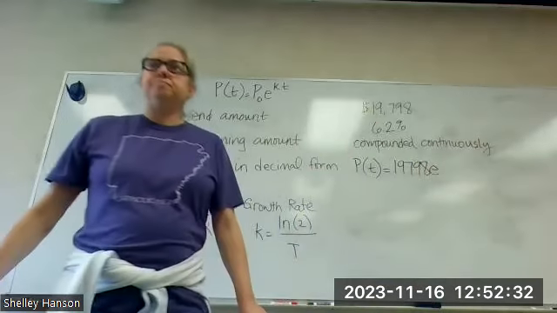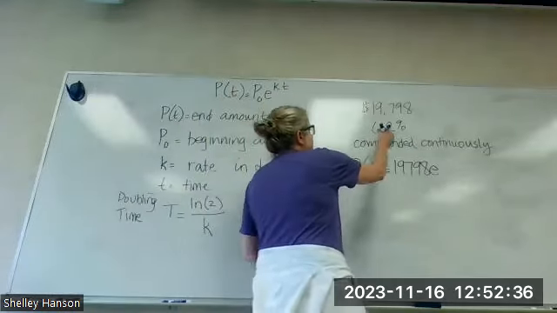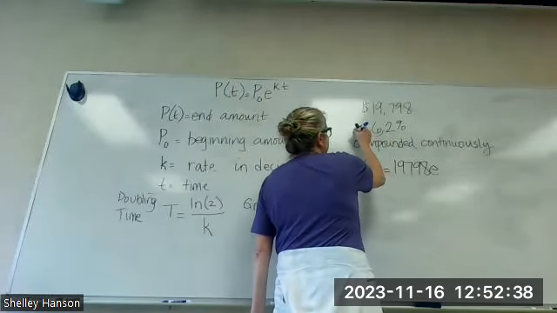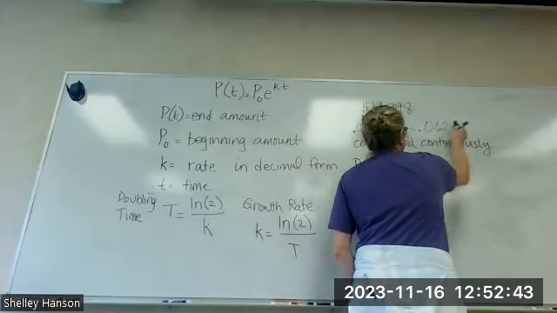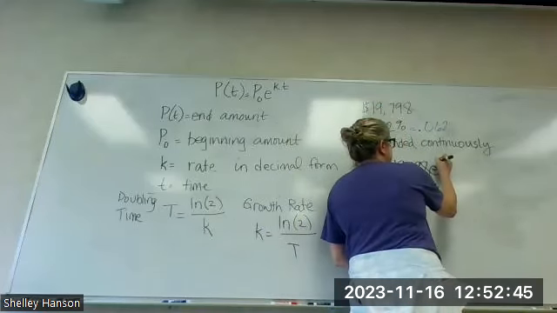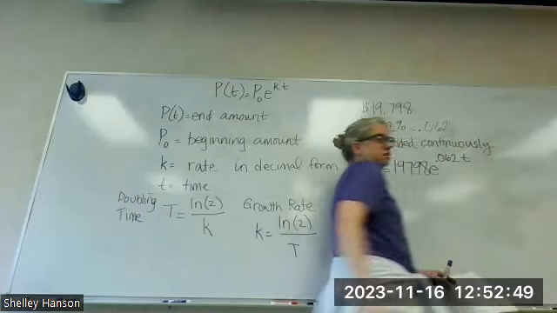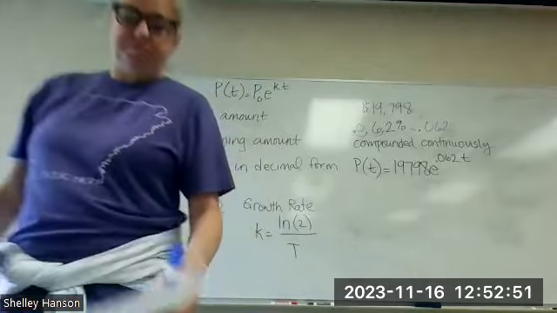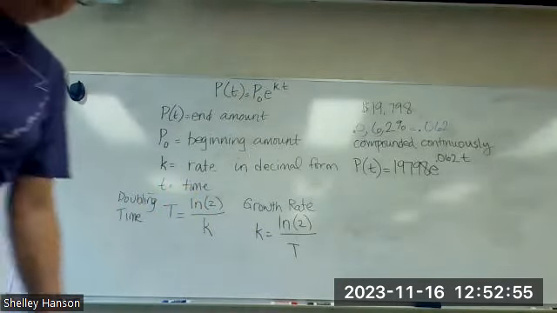Then the E, my interest rate in decimal form is 0.062 T. Okay, so that's what's going to go in the first blank.